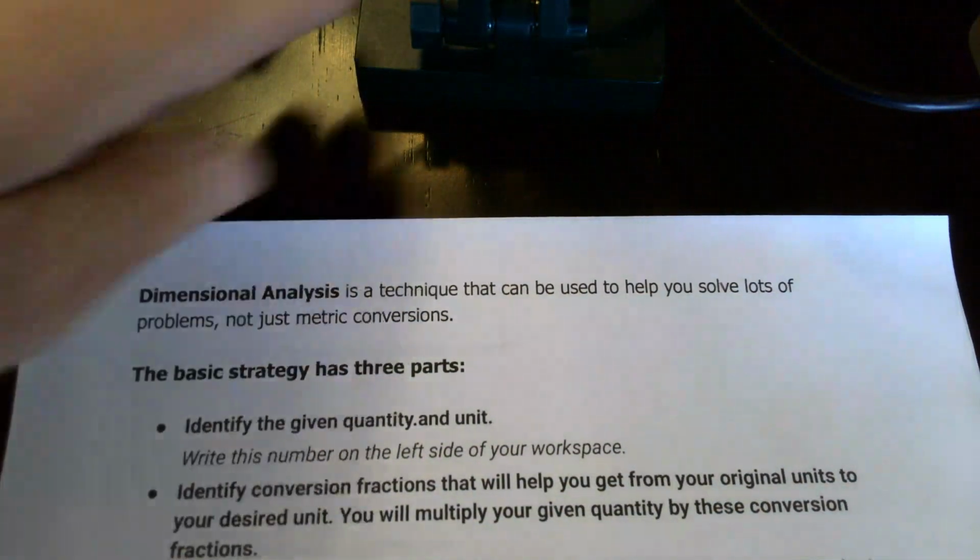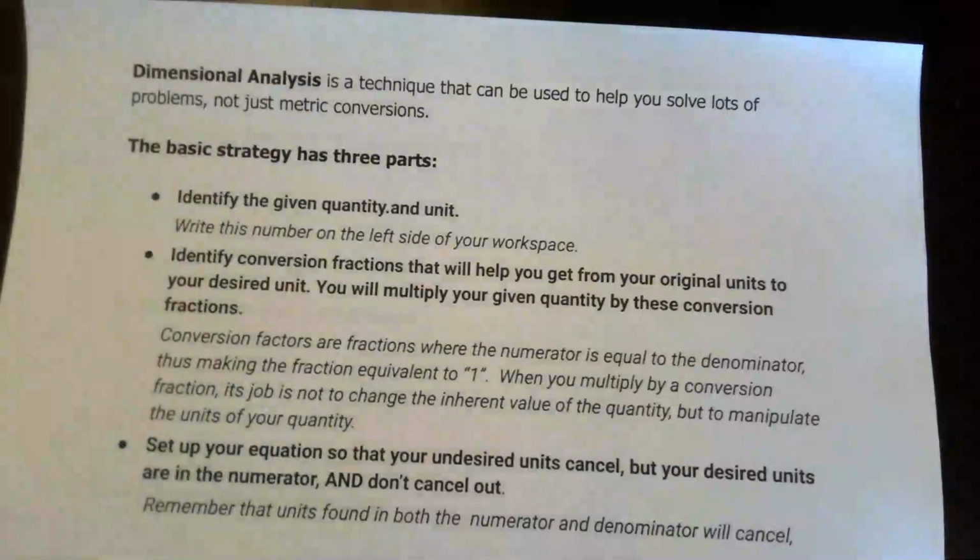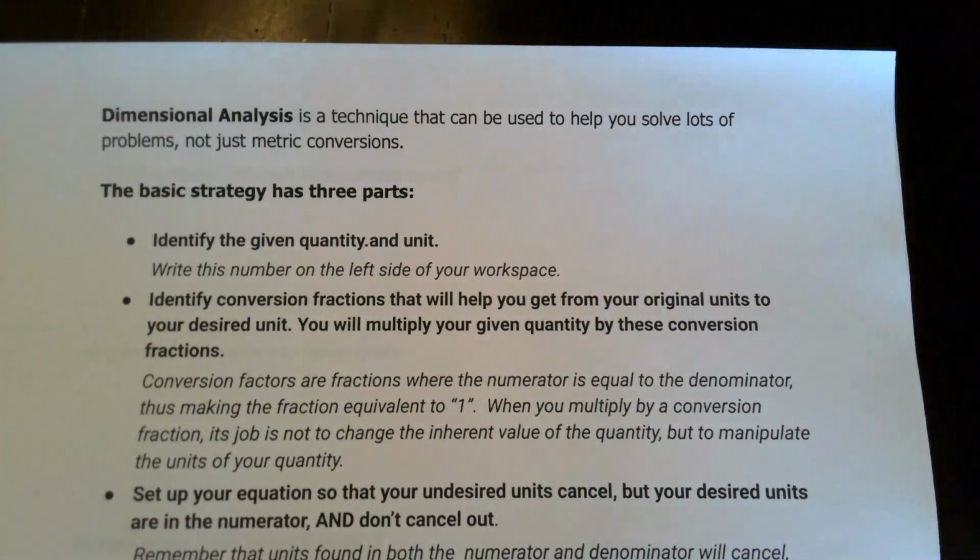What we're going to see as we move forward is that this is a technique that can be used to help you solve lots of problems, not just metric conversions. And this is where we're going to pick this up in a third video to parse this out a little bit.